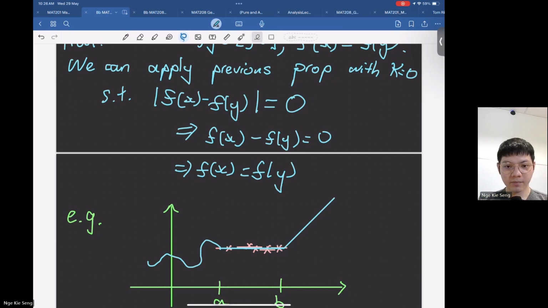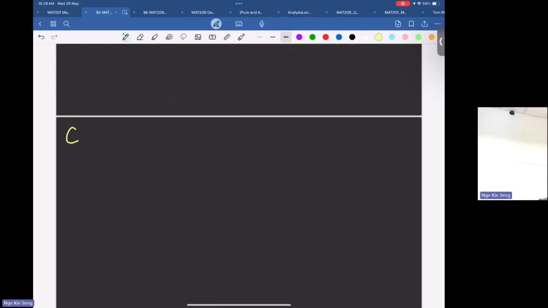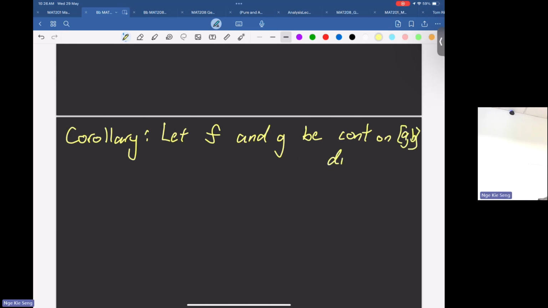So there's another corollary. I think it's an easy corollary here. Let f and g be continuous on the closed interval AB and differentiable on the open interval AB as well. Remember, the same setting happens here: we only require continuity on the closed interval and differentiability on the open interval.